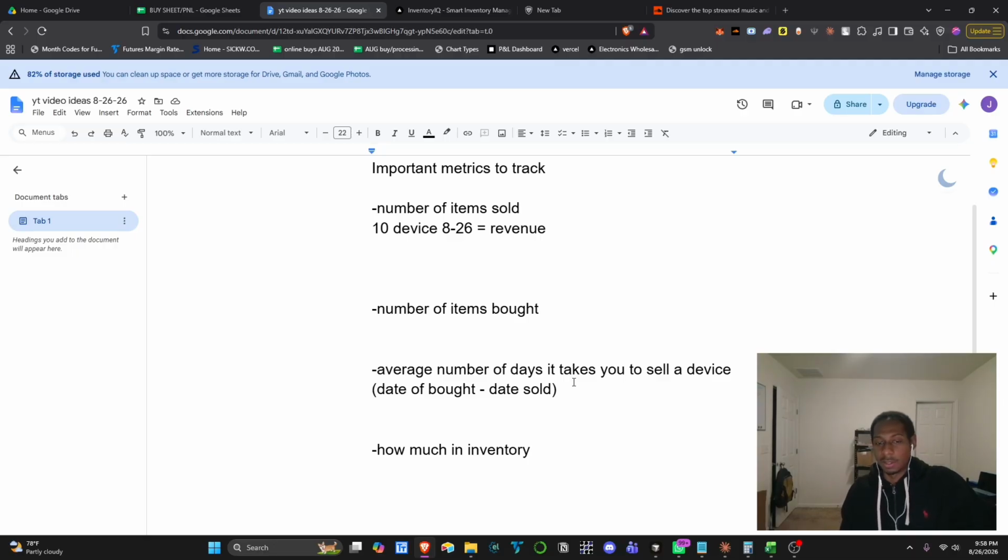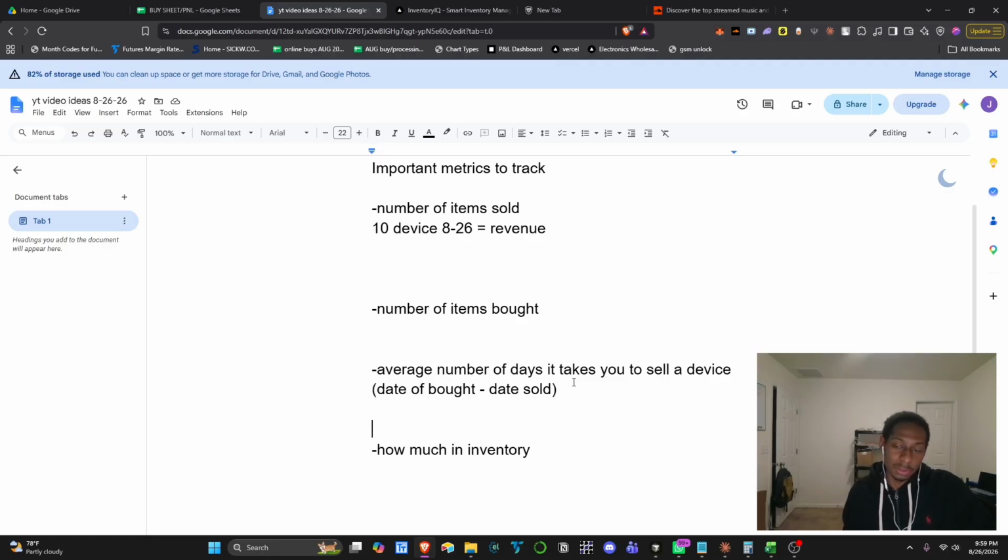The day that you bought the phone, subtracted from the date that you sold the phone, is going to tell you if you're actually moving pieces fast or not. Let's say it's taking you a long time to move those pieces, then you need to improve that in order to increase your revenue number. The faster you sell a device, the more revenue you can have every month. So I think that's important to track.